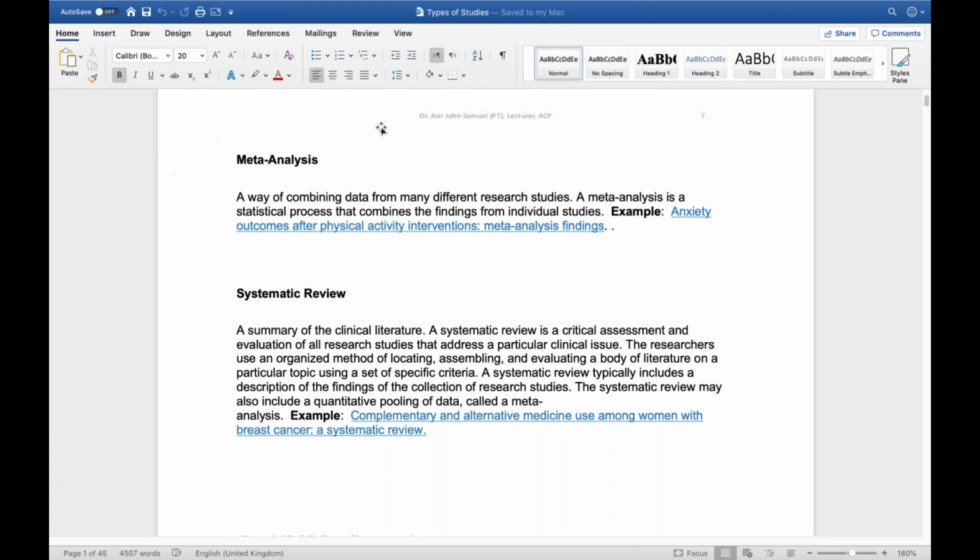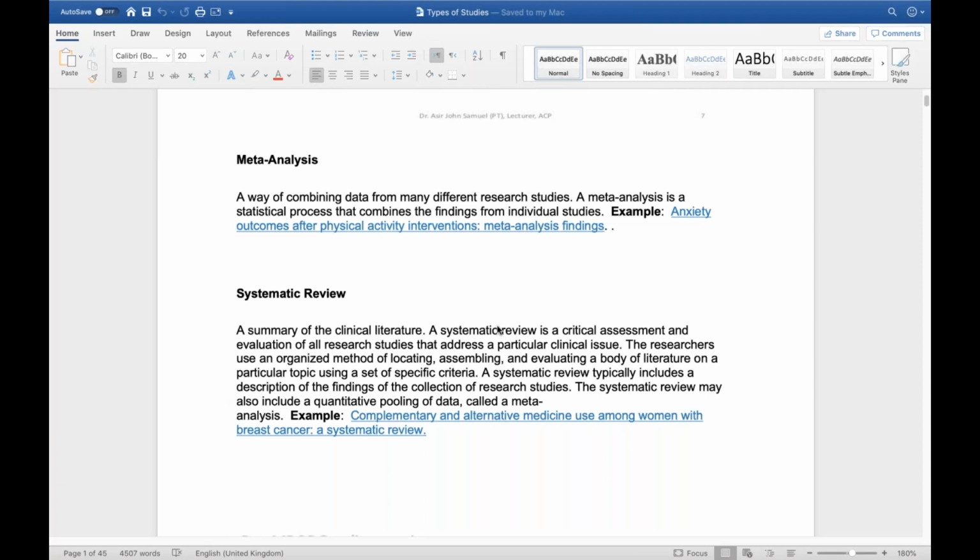A meta-analysis is just the statistical way of putting the data together to reach a conclusion from these studies, but it's not an essential part of a systematic review. So when you read a paper, sometimes it's a systematic review of that topic, and sometimes it's called a systematic review and meta-analysis about this topic. So not all systematic reviews have meta-analysis, but nearly all meta-analyses are involved in a systematic review.